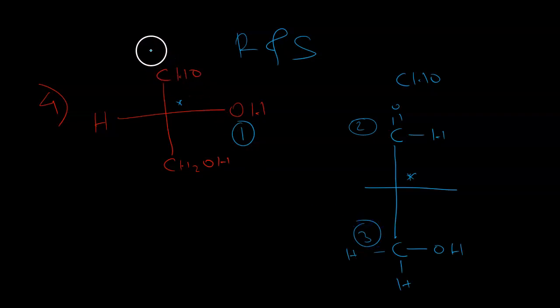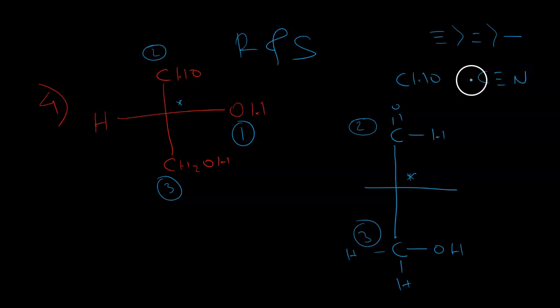How is it so? Because after carbon it is having a double bond, and after carbon it is having a single bond with oxygen, and here it is a double bond. So double bond will have the higher priority, like triple bond will have the highest, and then double bond, and then single bond.